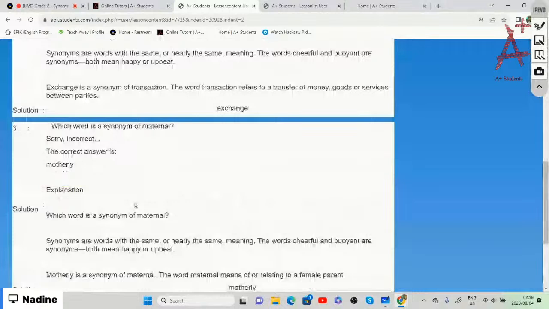Even though sometimes you'll find somebody with no kids, but they will say, oh, that is a maternal thing, right? But it's mainly referred to mothers or being motherly. So the word maternal means of or relating to a parent, specifically maybe mother.